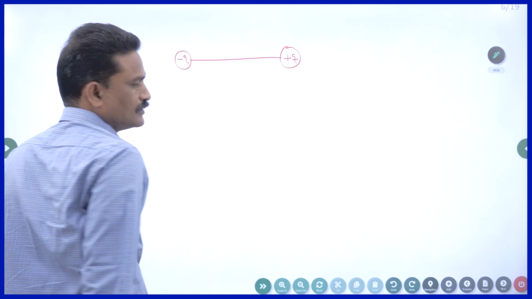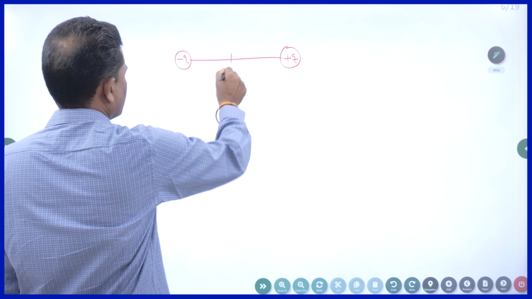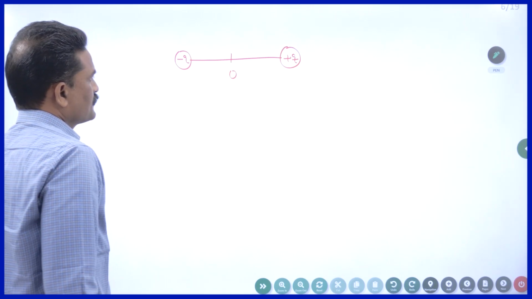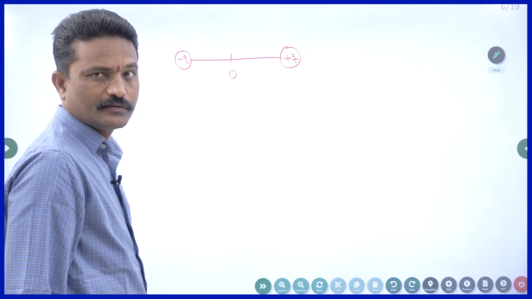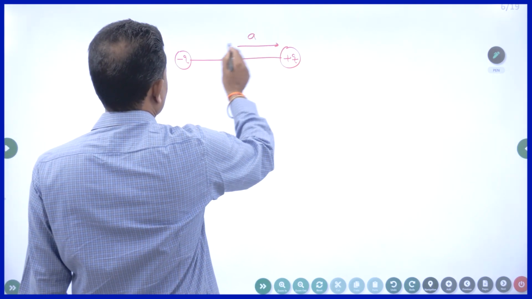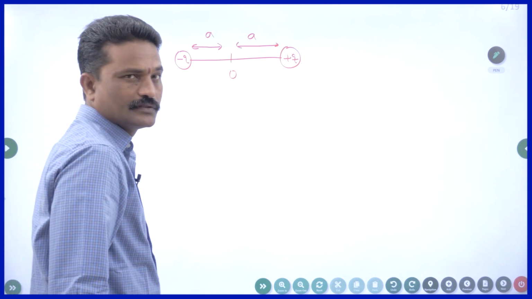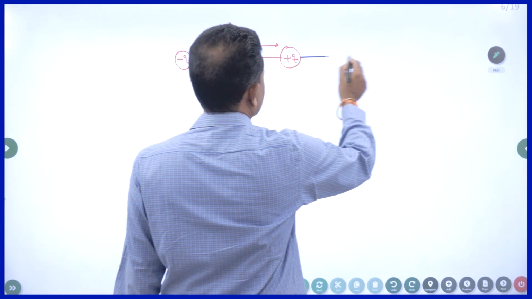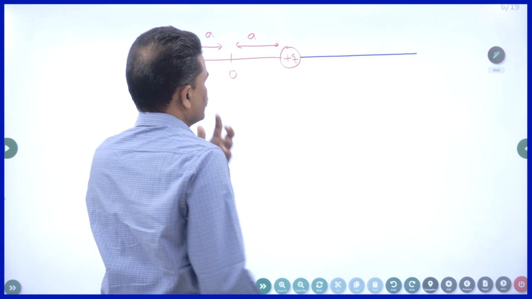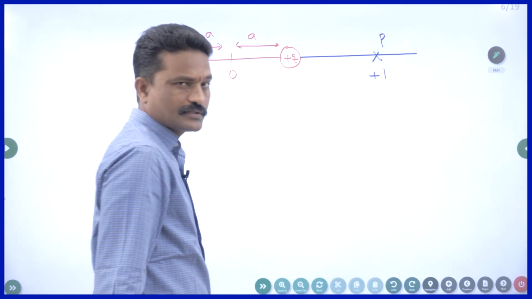My intention is to find the intensity of electric field on the axial line. This distance is a and this distance is a. Extend this line; this is my axial line. I am choosing a point P where I am placing a unit positive charge.